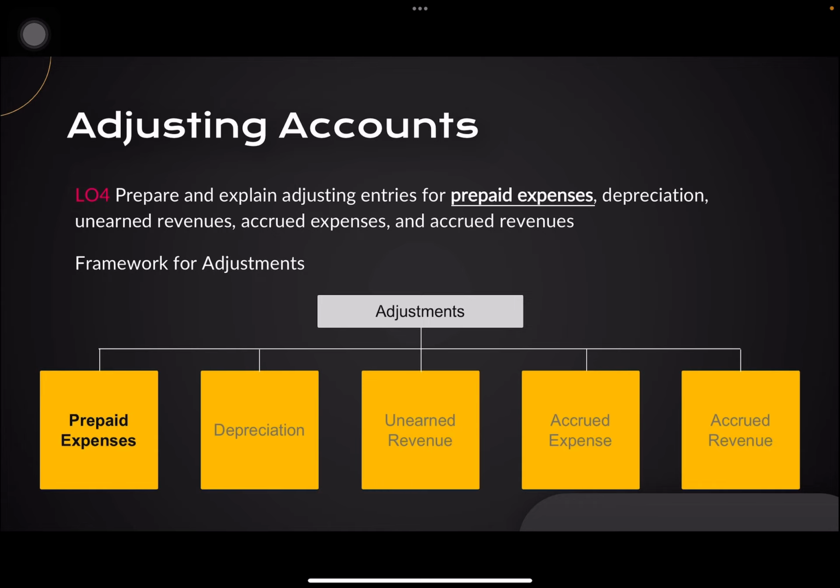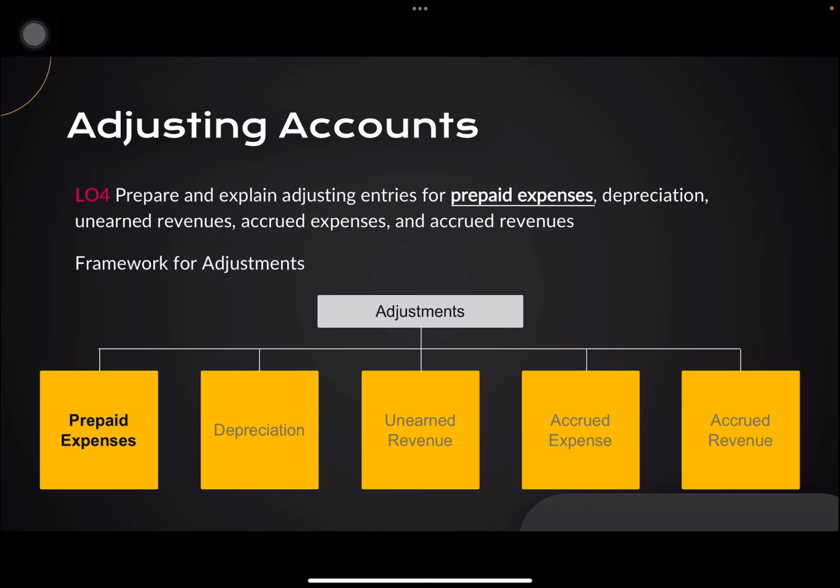So prepaid expenses, to define, this refers to costs paid for in advance of receiving their benefits. So in this first sentence, it tells you that these are costs paid in advance of receiving their benefits.